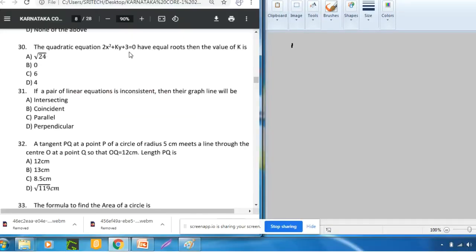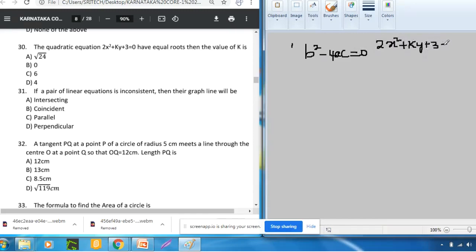30th question. The quadratic equation 2x square plus kx plus 3 is equal to 0 has equal roots. Then the value of k is. If the roots are equal, then discriminant will be equal to 0. Discriminant formula is b square minus 4ac is equal to 0. The quadratic equation given in the question is 2x square plus kx plus 3 is equal to 0.